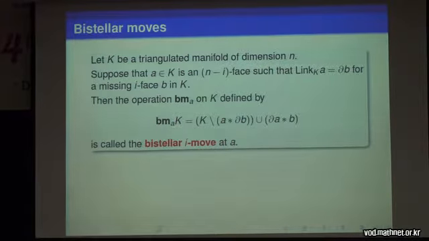The link is just the boundary of the missing face. Here, this face B is not in the simplicial triangulated manifold. This is just a restricting condition. If the condition holds, then you can do the bistellar move.